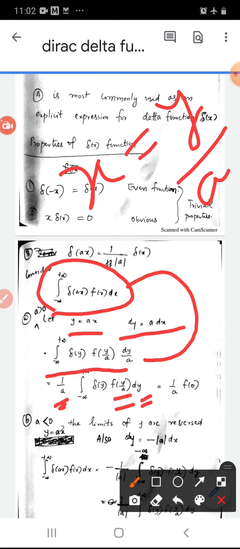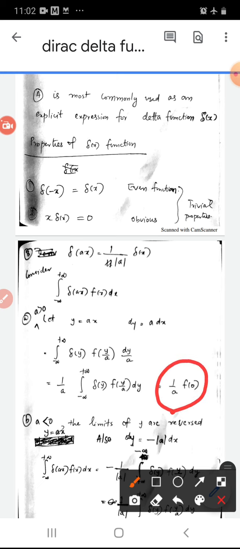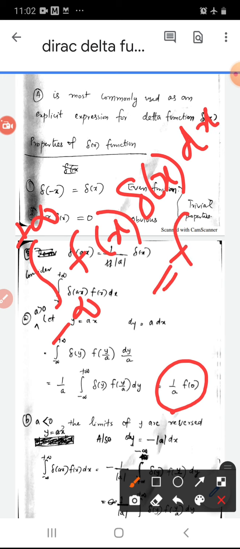Now by the property of the Dirac delta function, we know this will be equal to 1 by a f of 0, because we know integral minus infinity to plus infinity f of x delta x dx is equal to f of 0.